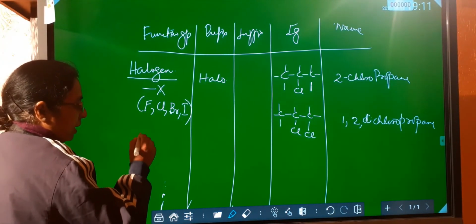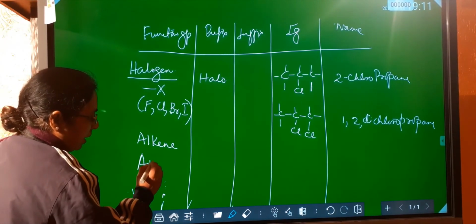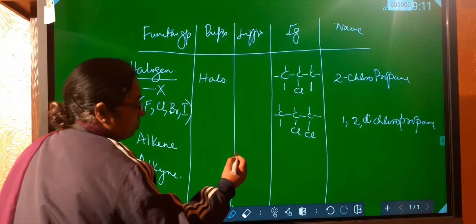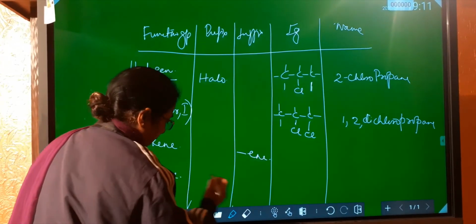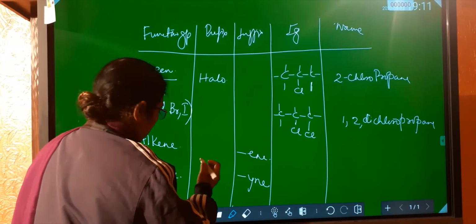Then about alkene and alkyne we have already learned. For alkene the suffix is -ene, and for alkyne the suffix is -yne. The functional group is what?